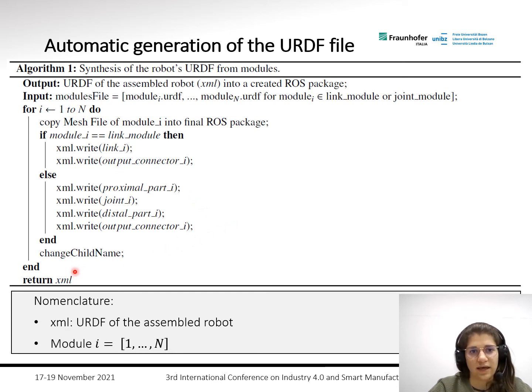And then at the end it changes the child name. This means that if the output connector is, as always, the child link, the virtual link, this name is changed with, for example, the proximal link of the father joint element, or the link itself, the link module itself.